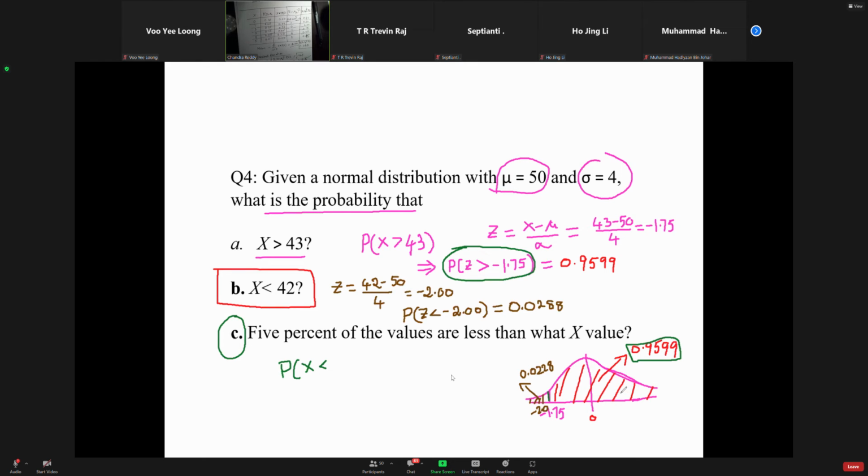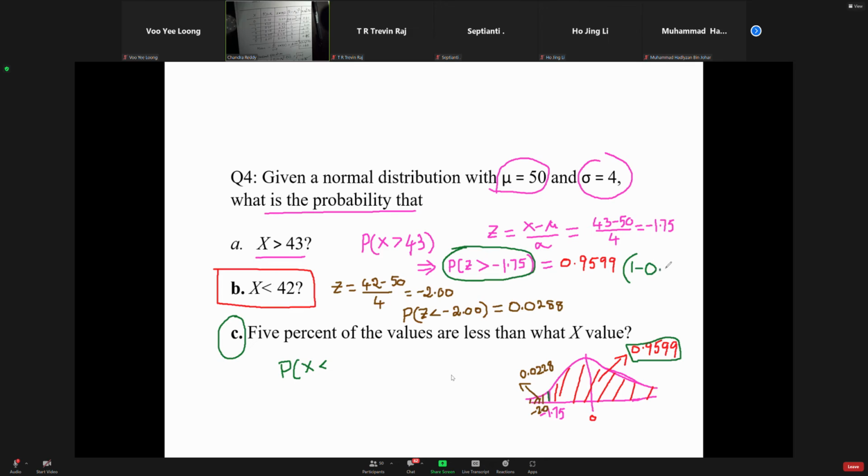I think someone wrote 1 minus 0.0401. Dennis has written this. If you do this subtraction, you will get 0.9599, because the entire area of the curve is 1. From the probability tables, look for negative 1.75.